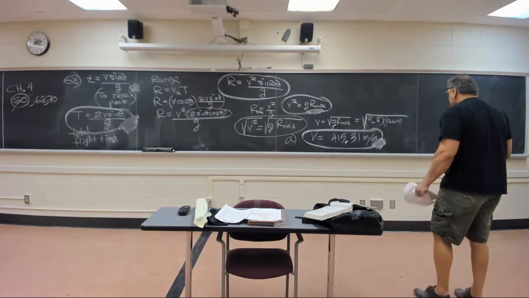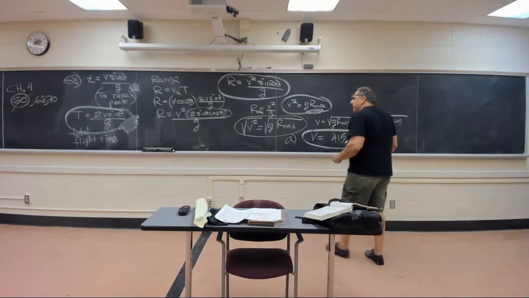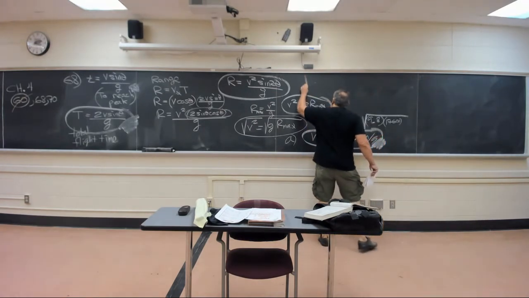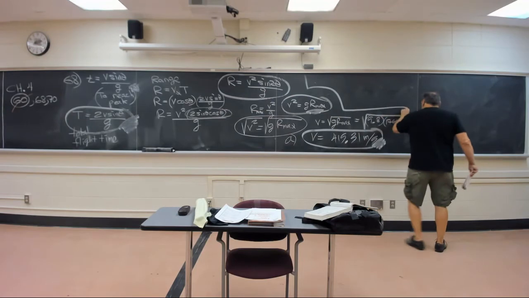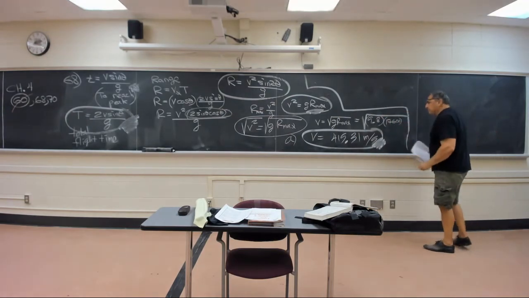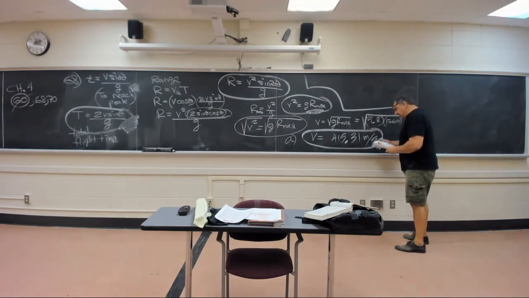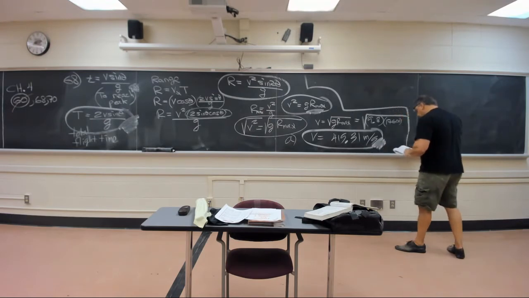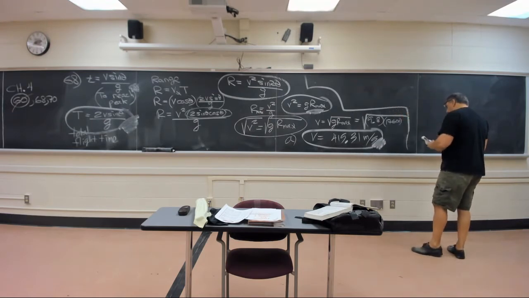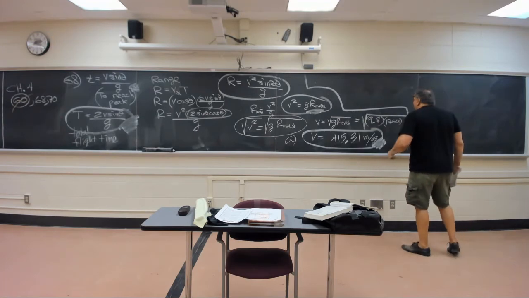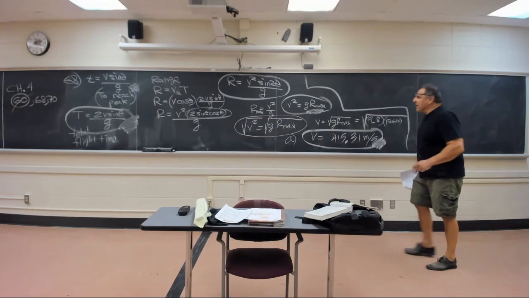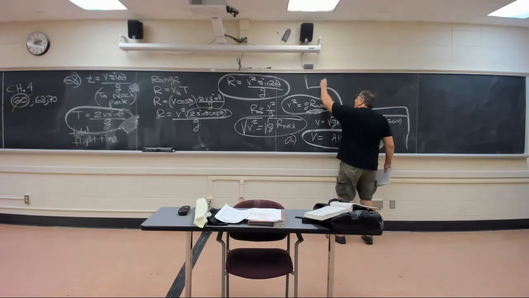So here's your scenario. In this case, they're trying to find the two angles where that's going to happen. The way you're going to look at it is, how did we do it last time? Remember what we did?